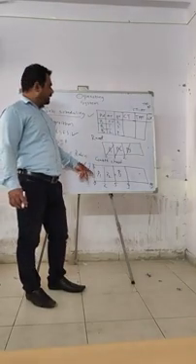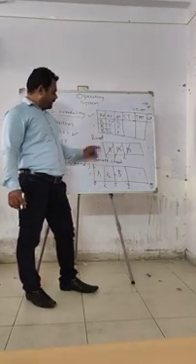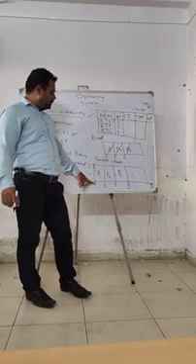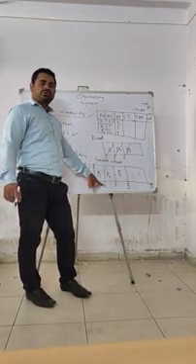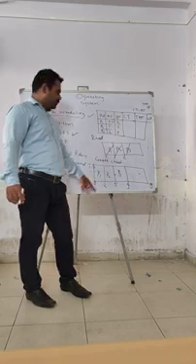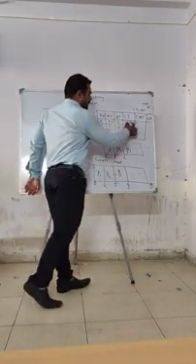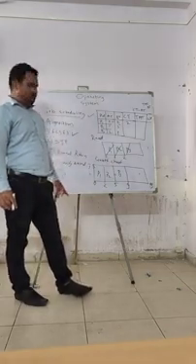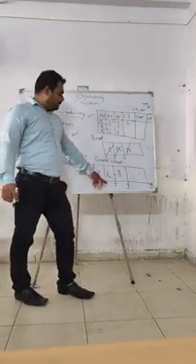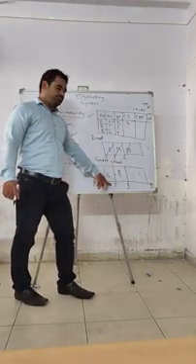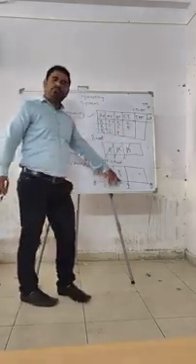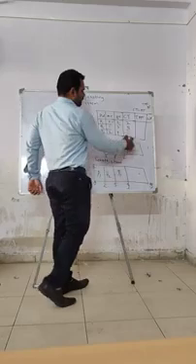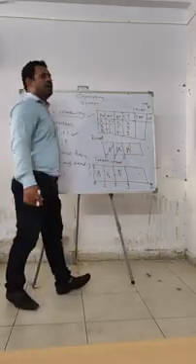See here, P1 started at 0 milliseconds and completed at 2 milliseconds. So completion time of P1 is 2. We will write here 2. Completion time of P2 is 5, so we will write here 5. Completion time of P3 is 9. We will write here 9.